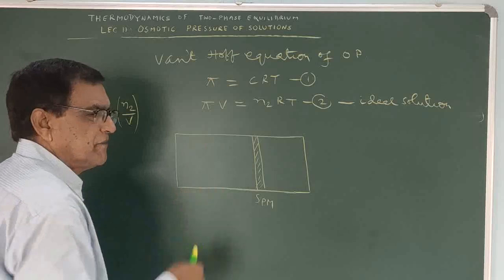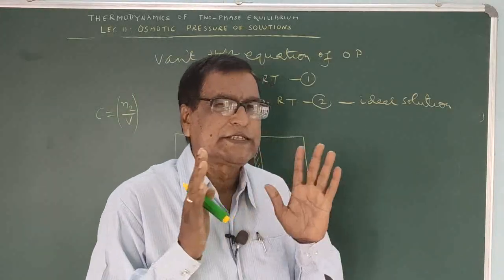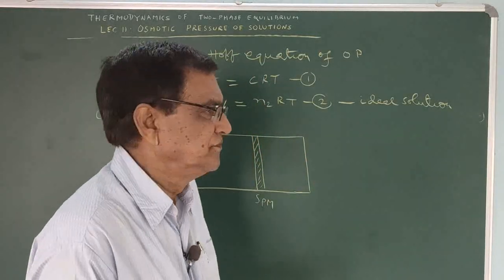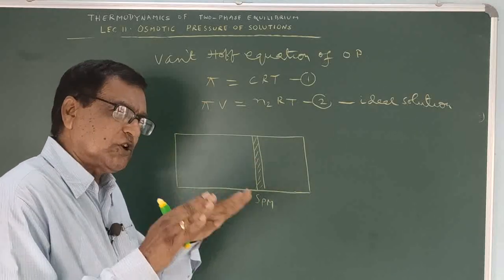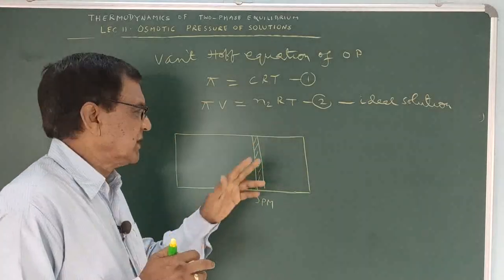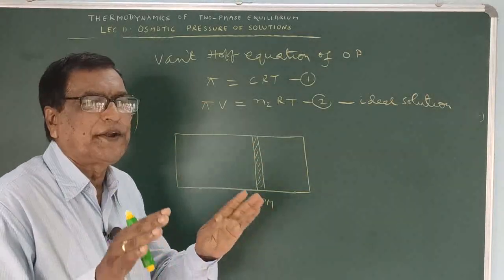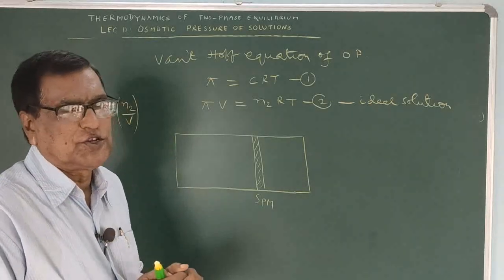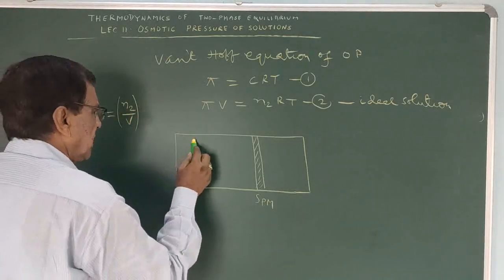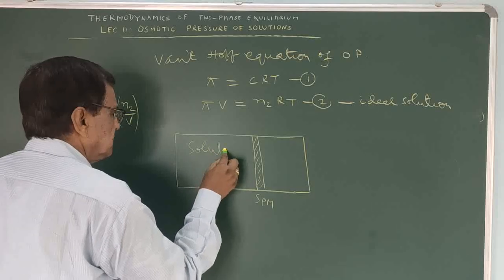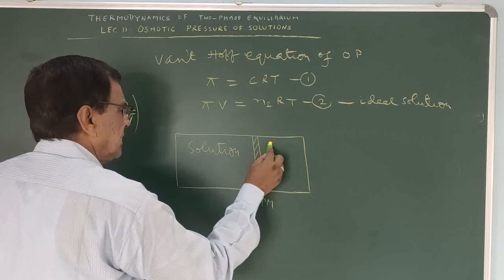This wall is a semi-permeable wall, meaning it will allow the solvent to pass but restricts the movement of the solute from the solution. Here you can write the solution, and here the solvent.